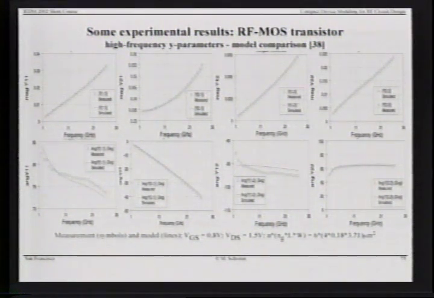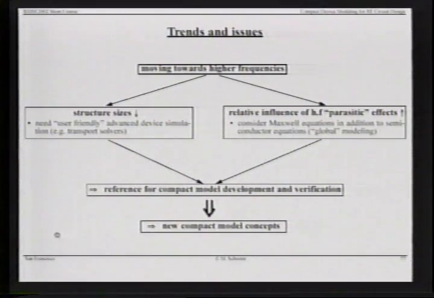I'd like to skip the next two slides because of a time constraint and move on to trends and issues in compact modeling. Let me try to explain this transparency here a little bit better. Obviously, in high-frequency applications, we're moving to higher frequencies. You want to put more information into the same channel or just transmit more information.